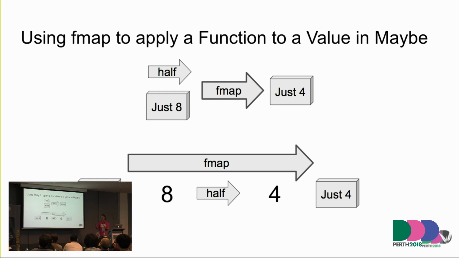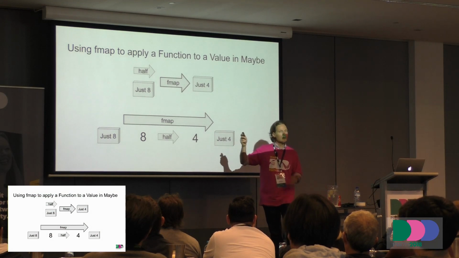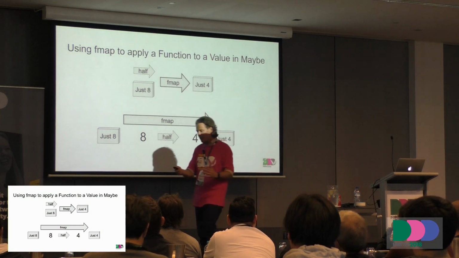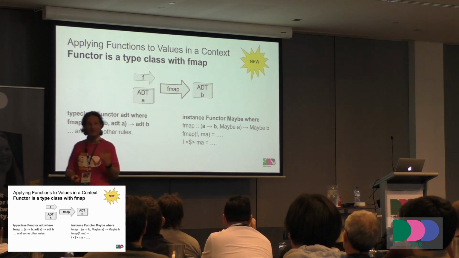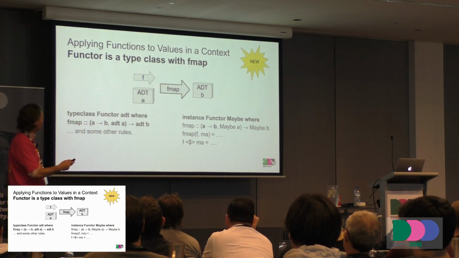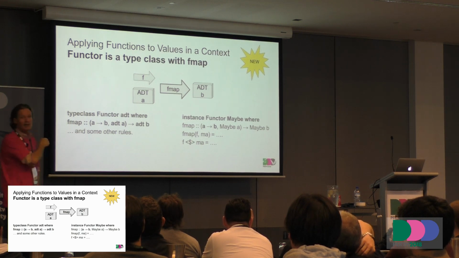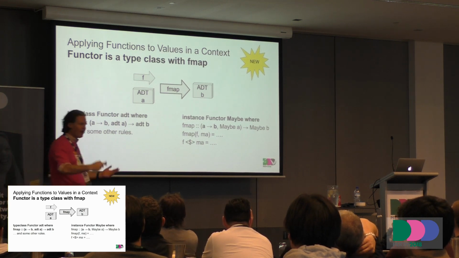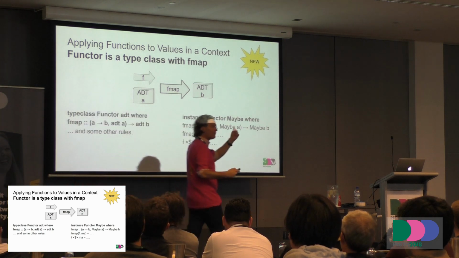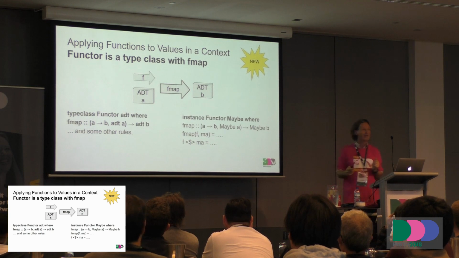But this fmap is defined just for this particular data type, the maybe type. If you have a list, then you're going to need a different fmap function. So we're going to have a lot of different fmap functions, and these fmap functions define a type class. This is the F word, Functor. Functor is a type class which implements the fmap function for that type class.